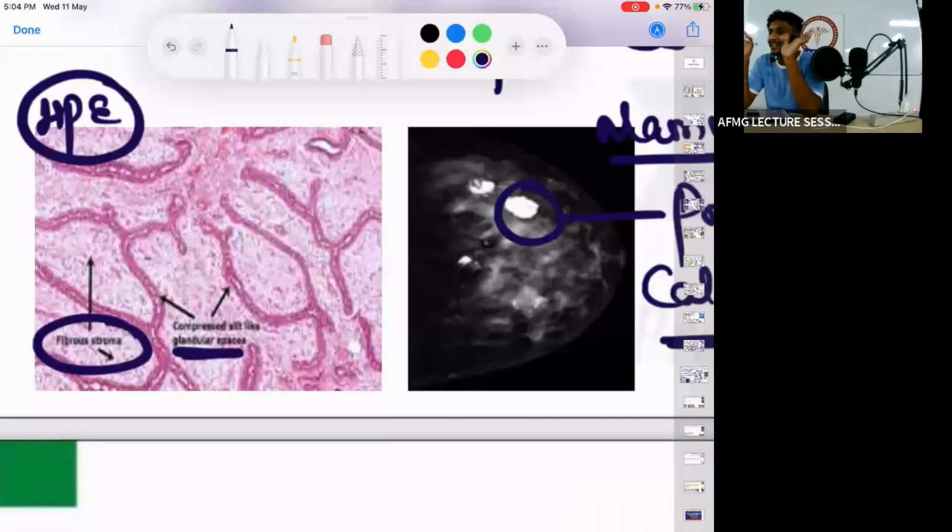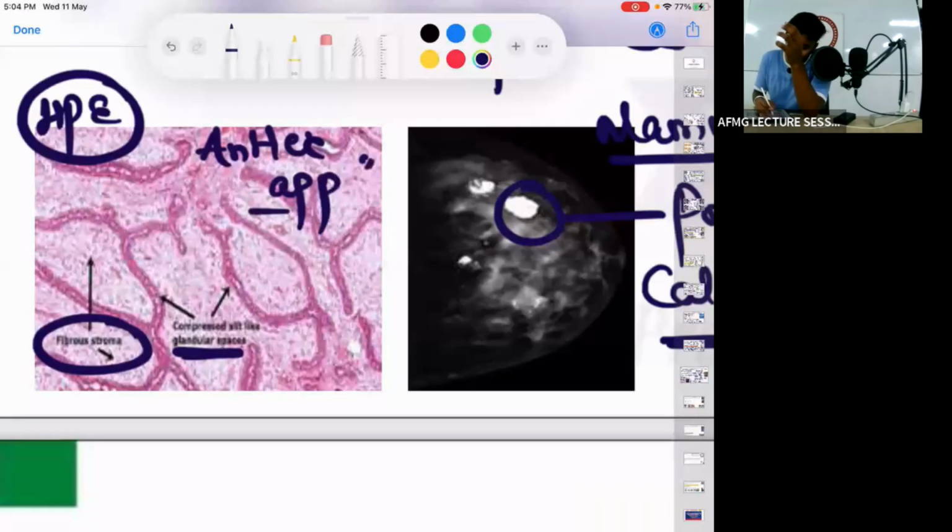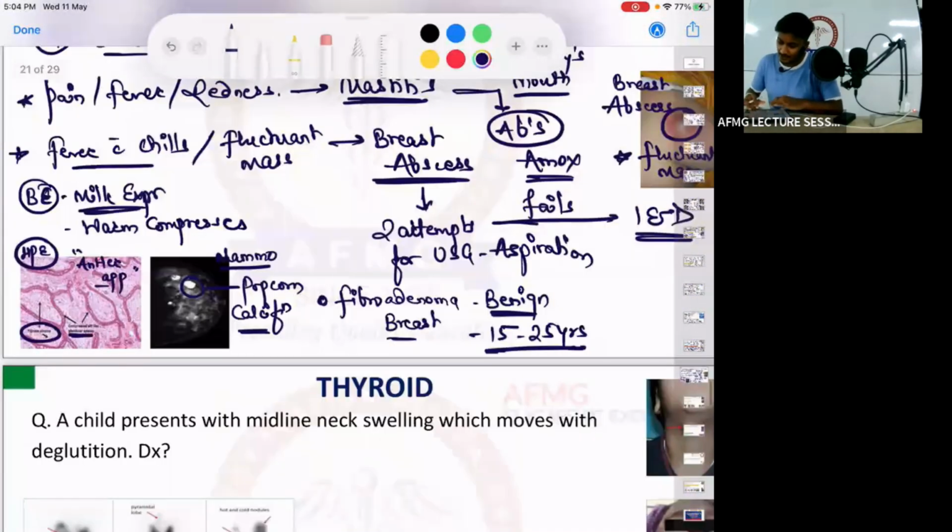Horns of a reindeer or horns of a deer. उसकी तरह दिख रहे हैं ना वो fibrous septae. So it is a deer horn appearance or an antler appearance. It resembles a deer horn or a reindeer horn. कैसे दिख रहे हैं ये? Septae, all of these glandular spaces.